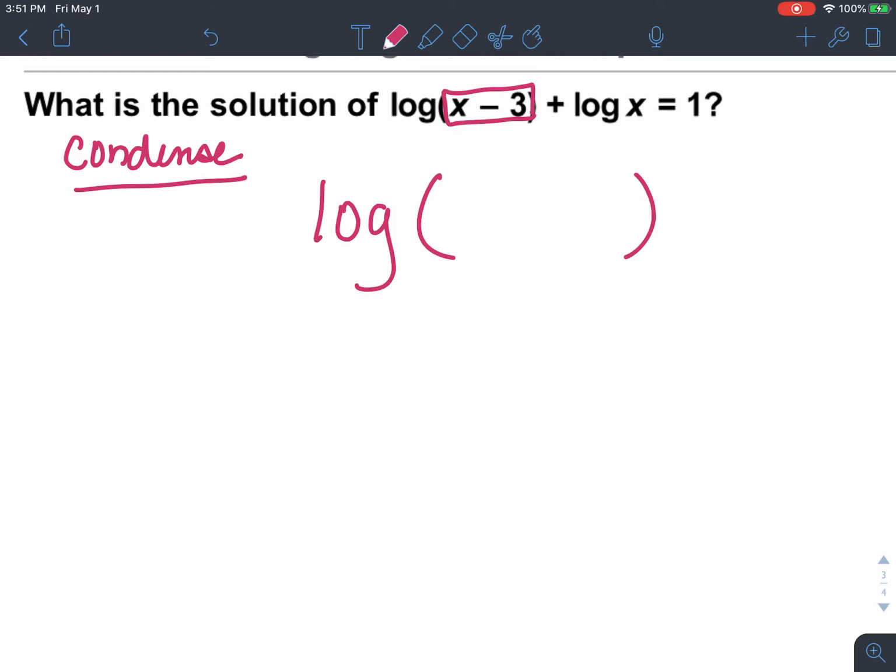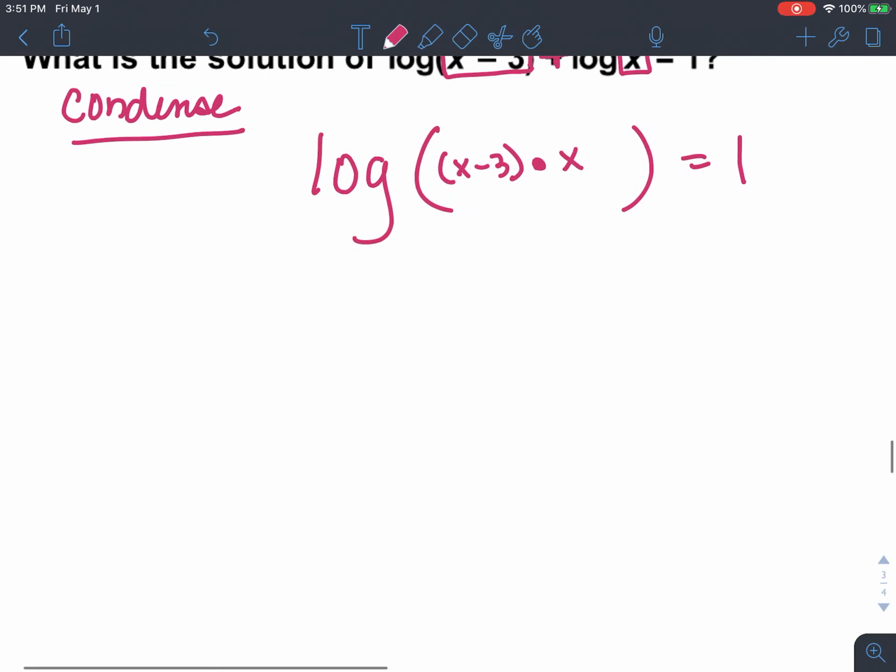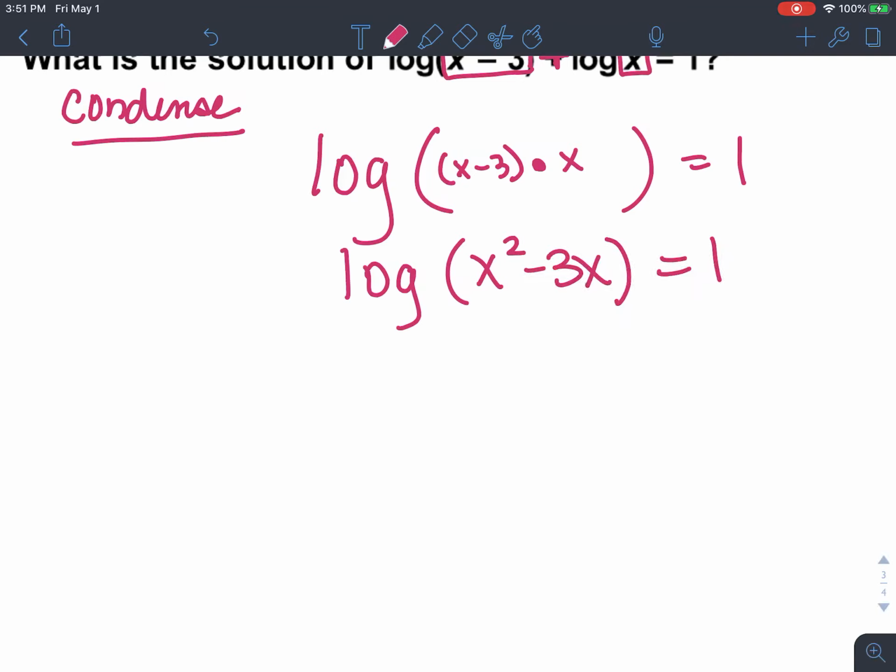So I have x minus 3 and I have x, and there's a plus between the logs. So that means in the one single log, I'll have x minus 3 and then I'll have times x. So I can simplify that up a little bit, make it x squared minus 3x. And then change it to an exponential because I have a single logarithm.